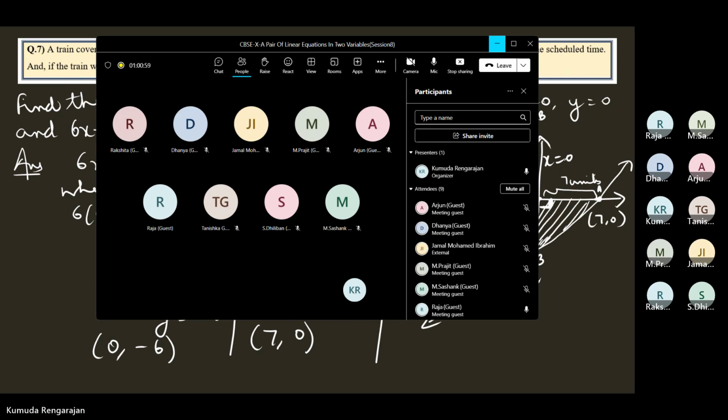Tanishka? Tanishka, I don't know if you attended the class because yesterday also I didn't find you in the meeting. So maybe you have to use the recording and check what the homework was. Dileeban? Now you're audible, Prajit. You have completed the homework on graphs? No, ma'am, I forgot it.